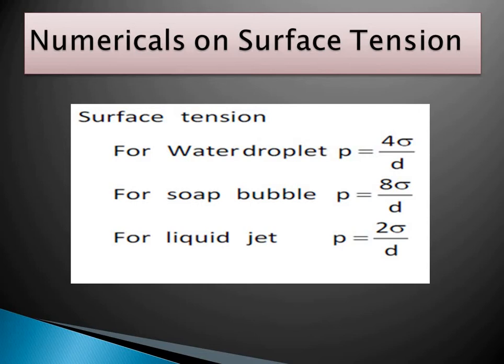And for a liquid jet, we have considered it as a cylinder. The jet is considered as a cylinder. So by taking a cut section of the cylinder along its length, sigma, the stress, acts along the cylinder, and over the cross-sectional area pressure P acts, and from that we have calculated P is equal to 2 times sigma divided by d.